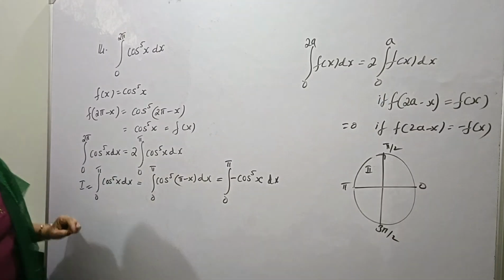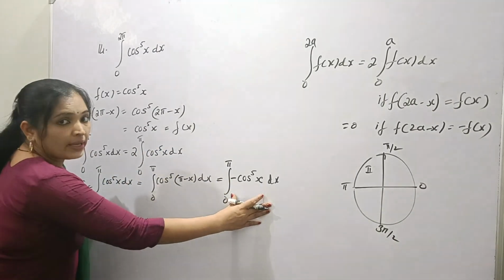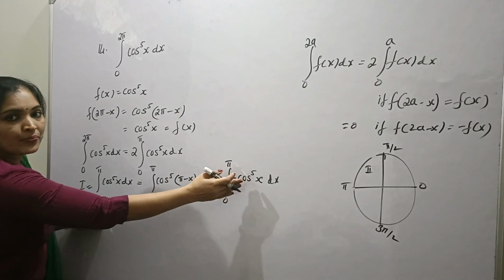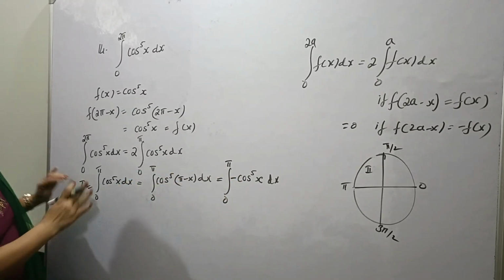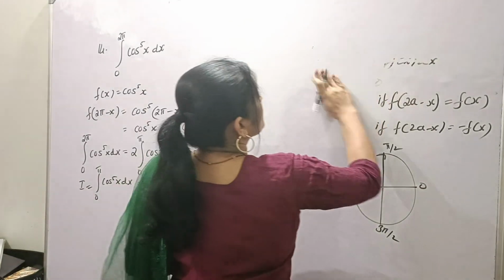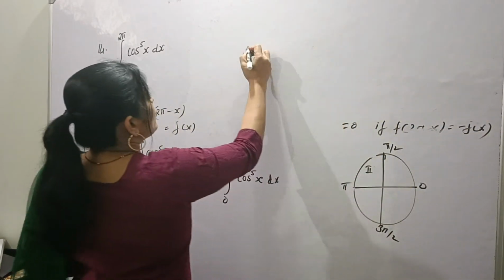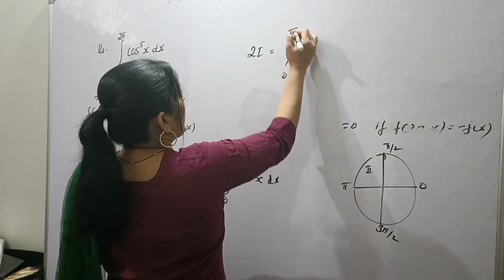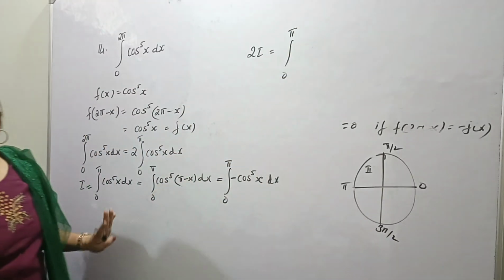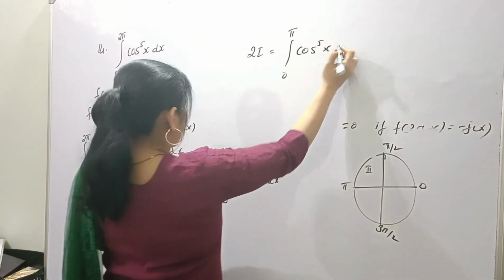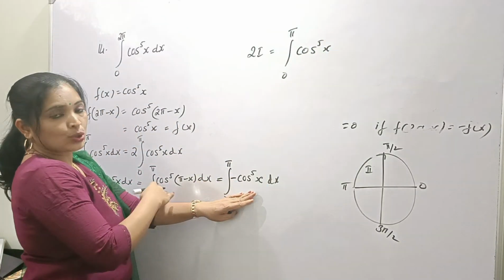Okay, then see what it is. It is I, right? It's also I. Let's add these two integrals, that is 2I. Therefore, 2I is equal to integral 0 to pi, limits are same, right? That is cos raised to 5x. Here we will add these two, okay?